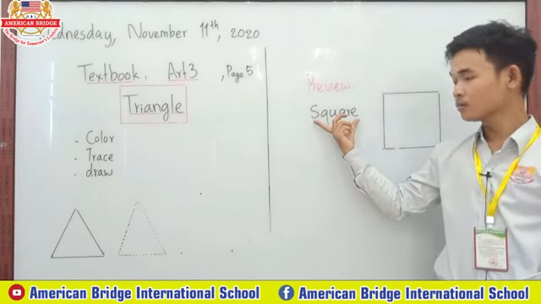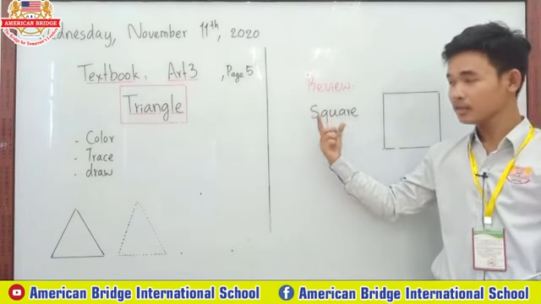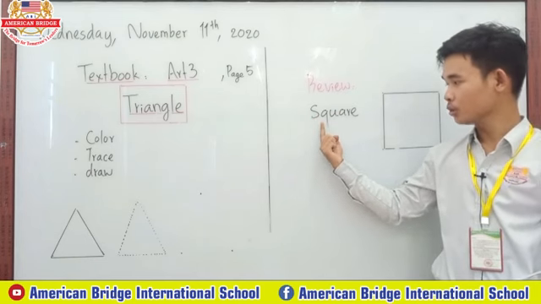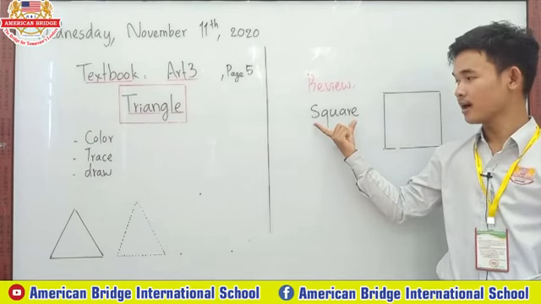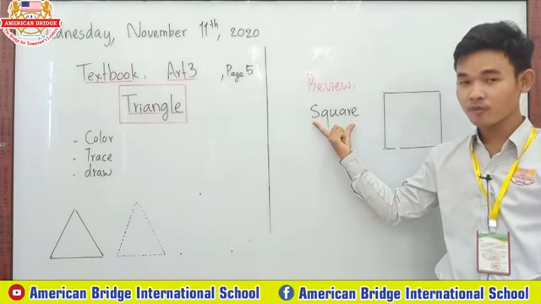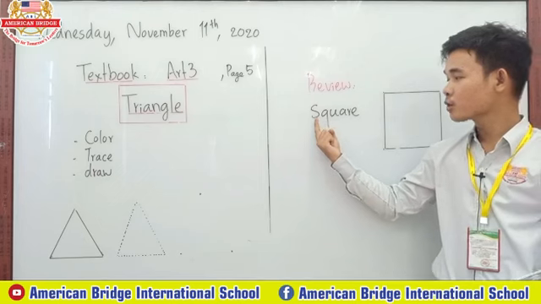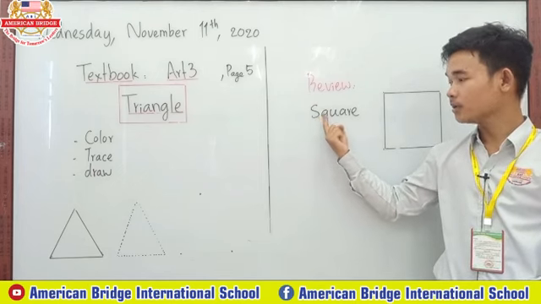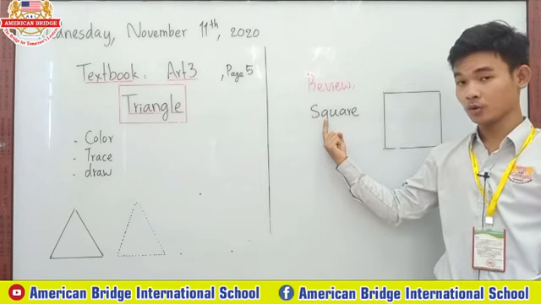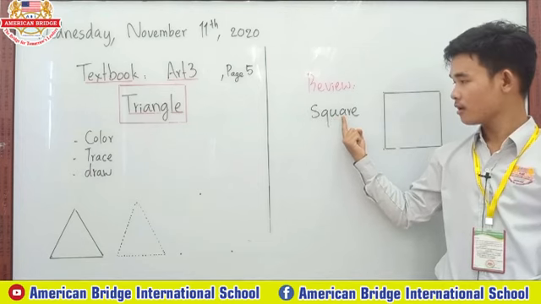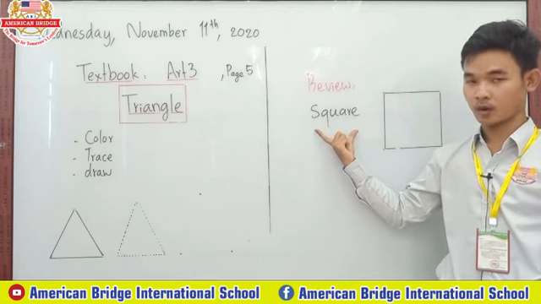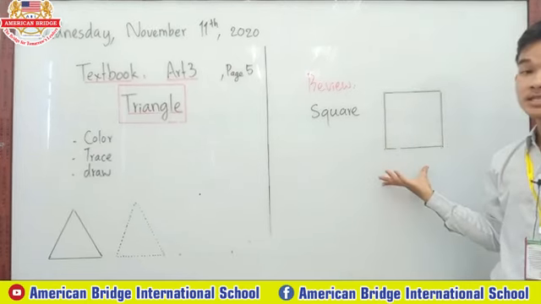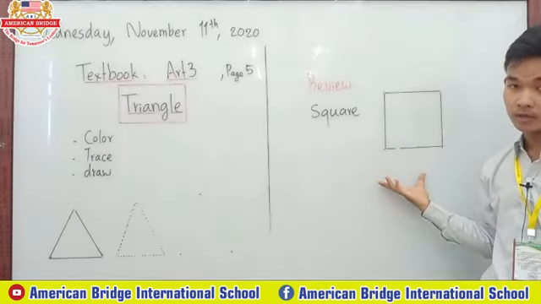Square, I spell S, Q, U, A, R, E. I say square. Everyone repeat after the teacher. Square, I spell S, Q, U, A, R, E. I say square.